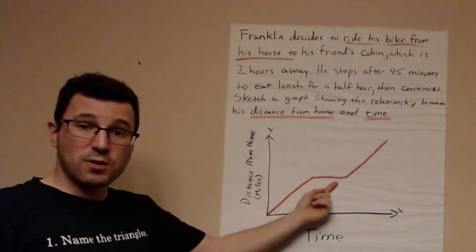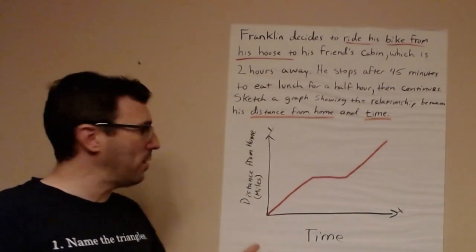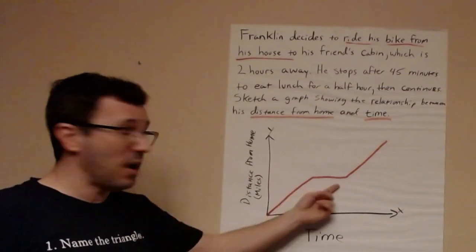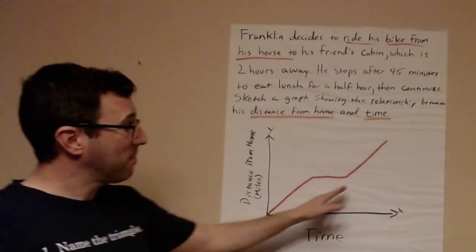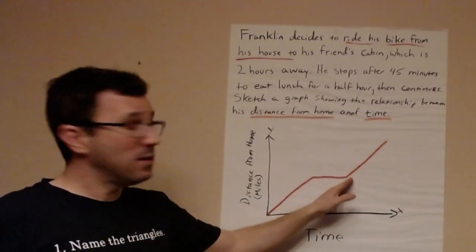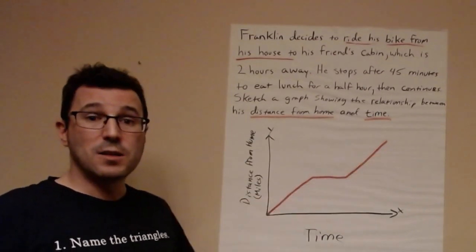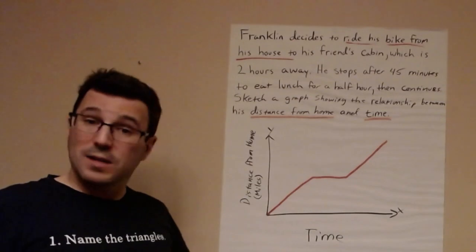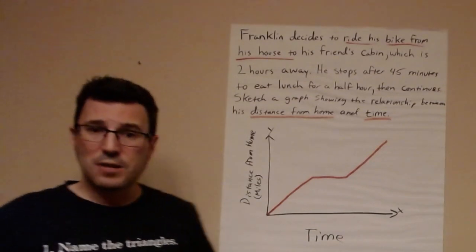This section where it's flat, that's where he's eating. He's not going anywhere. His distance from home is not changing over that time. But then he gets back on the bike and starts riding again, so the distance is again increasing. And that's basically it. That's how we sketch a graph.